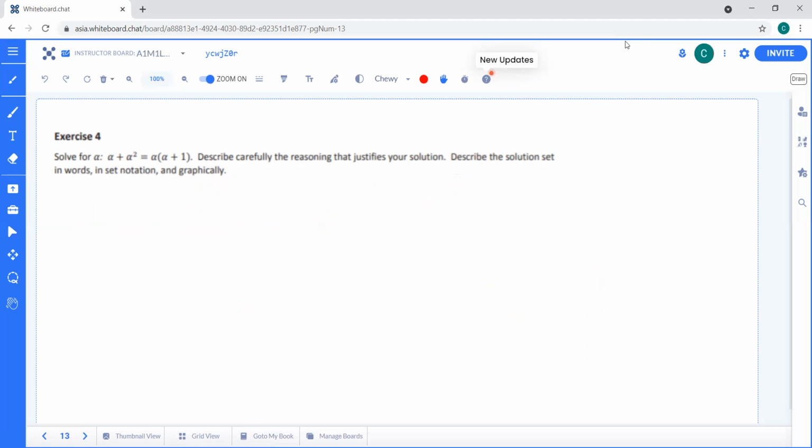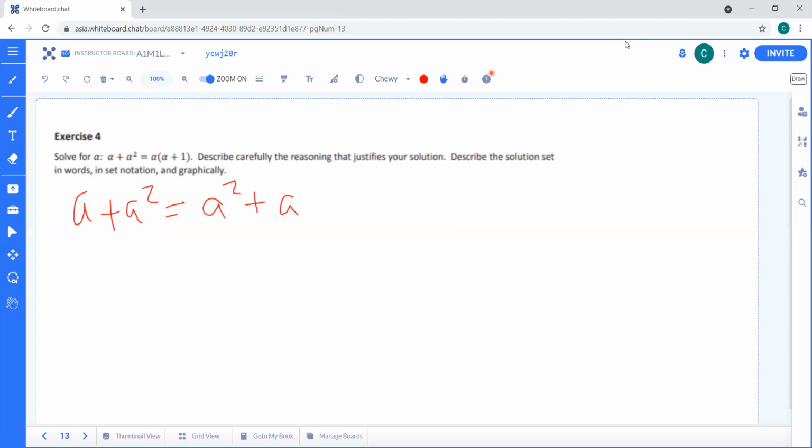Now, what is it going to look like for this one? All right. So this is going to be the same thing. A plus a squared is equal to a squared plus a. Is that correct? Yeah, it is. So this is true.